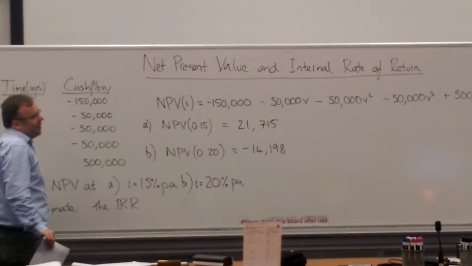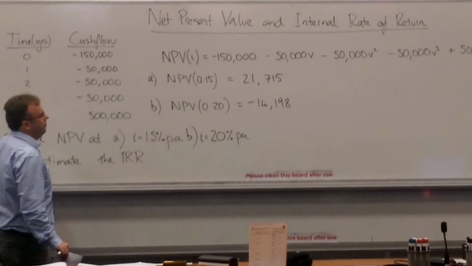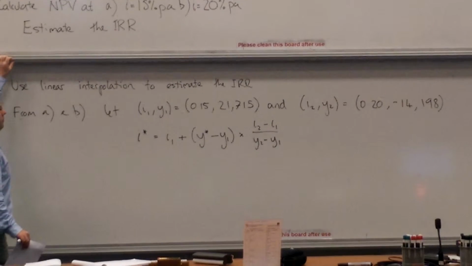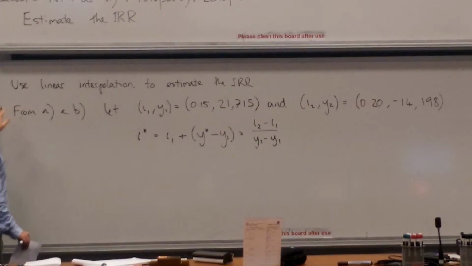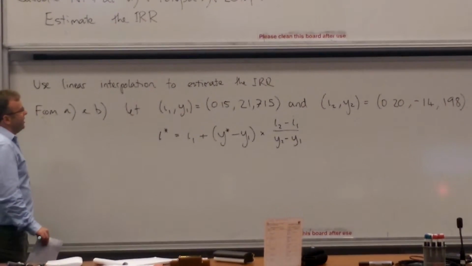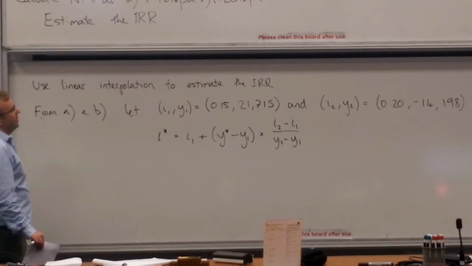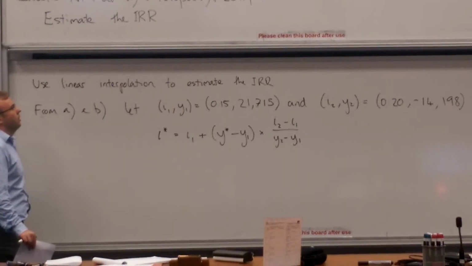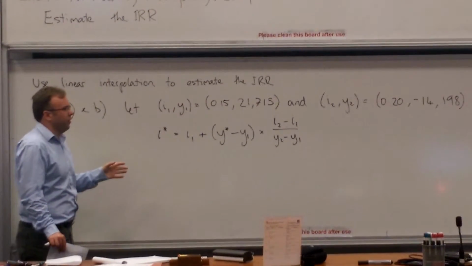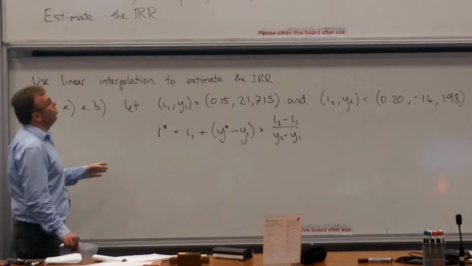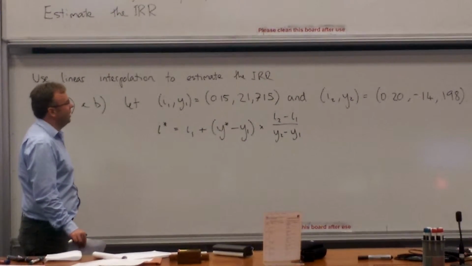Let's have a look at the internal rate of return now. We're asked to use linear interpolation to estimate the internal rate of return. Now remember that the internal rate of return is the interest rate for which the net present value function is equal to 0.